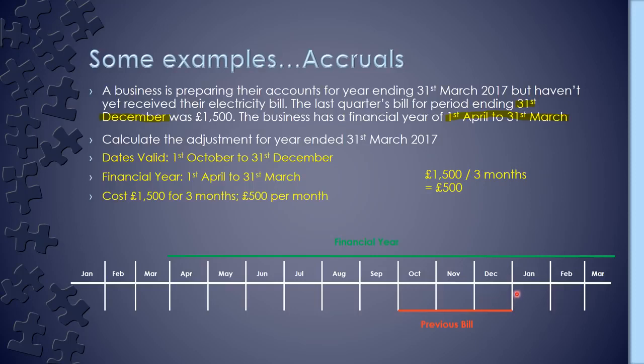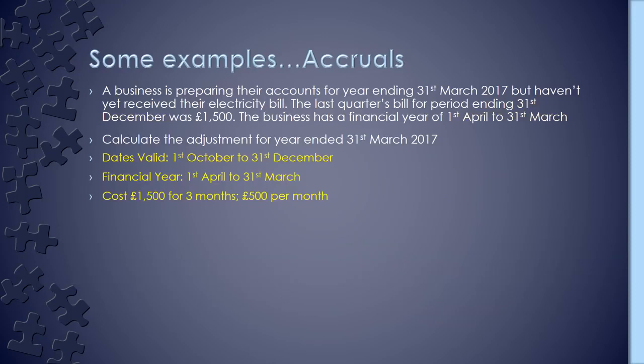But what we also need to consider is that we haven't got a bill yet for January to March. So at the end of March, we need to make sure that we've accrued to show the cost of the electricity for those 3 months, to make sure that for the whole year, you have the correct cost.